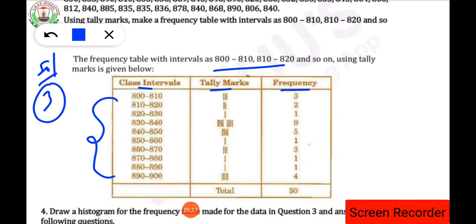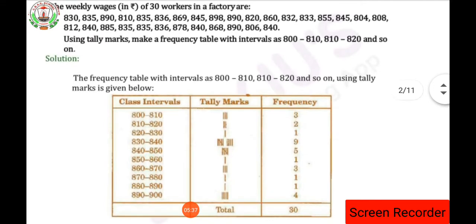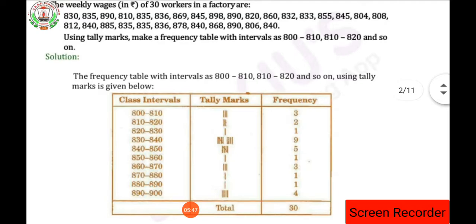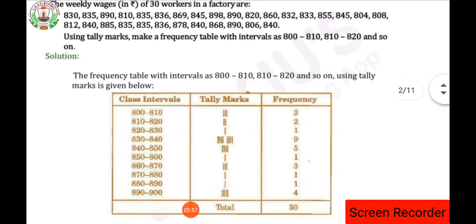Why are we not taking it? The reason behind it: see the raw data above. Looking at the raw data, the largest number is 890, meaning from 830 to 890 all the data are covered, okay? That is why we are not going above 900, because between 890 to 900 and 900 to 910 we do not have even one data. That is why we stop our class interval at 900. Understood, everyone?